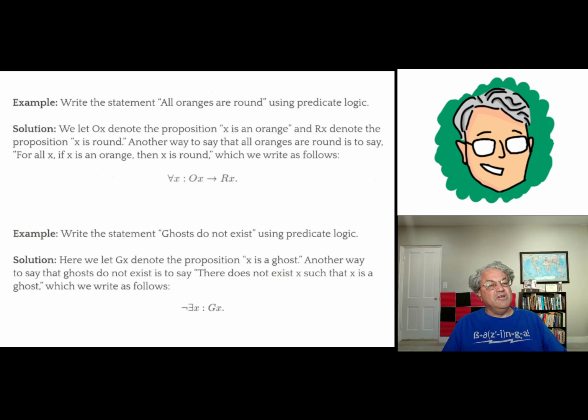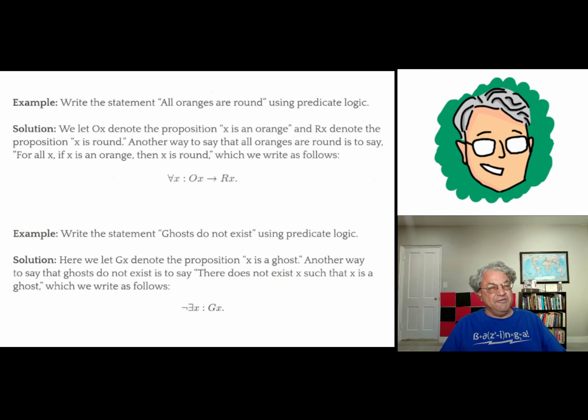But first we have to translate this into a more logical sense. When we say all oranges are round, what we're really saying is that for all x, if x is an orange, then x is round. X can be anything, but as long as x is an orange, it has to be round. That's another way of saying that all oranges are round.